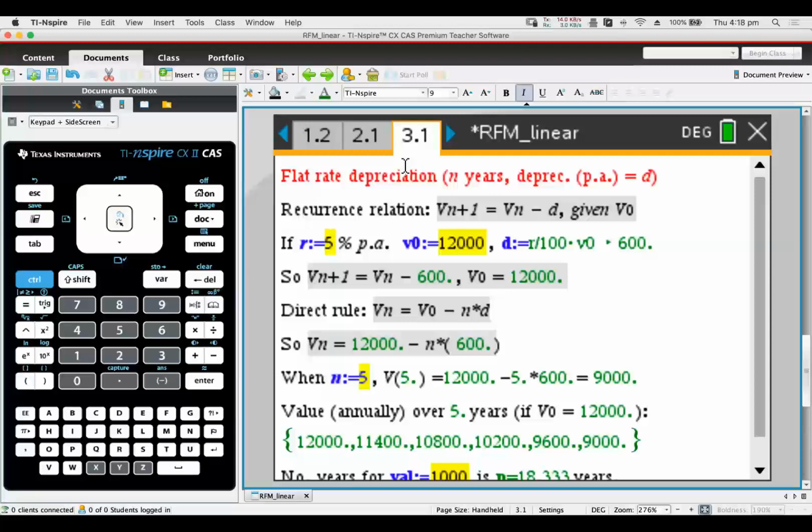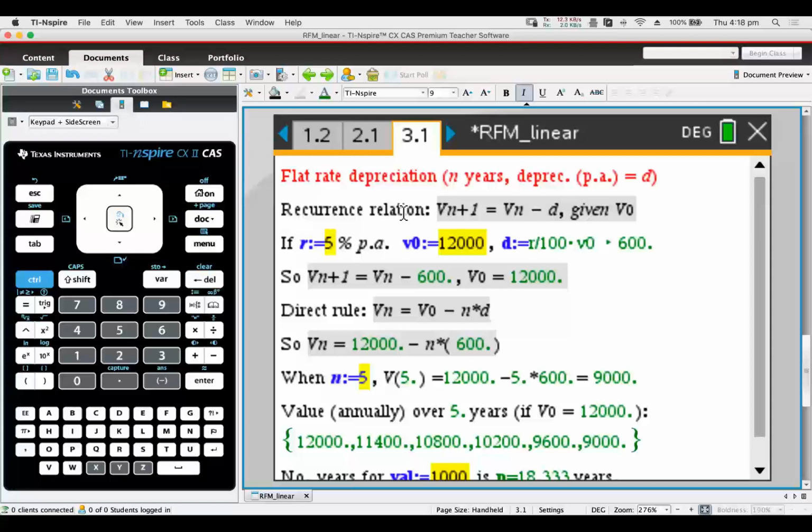And so you'll notice a difference in the general formula, that recurrence relation. It's V of n plus 1 is V of n minus D, but that's really the main difference. You're taking away how much it depreciates by each year, and that amount is constant.